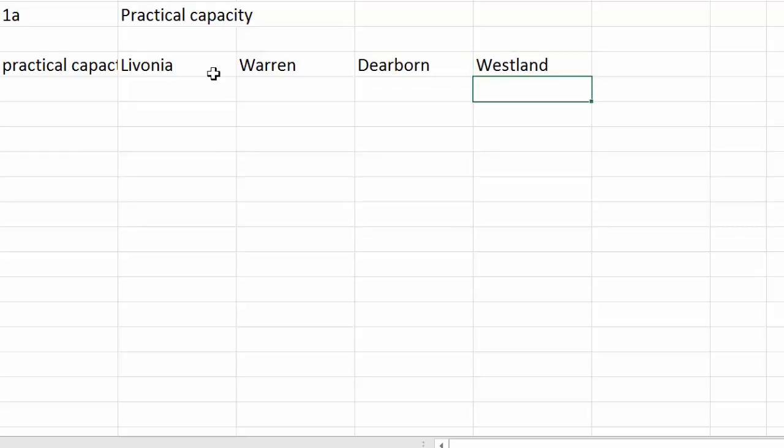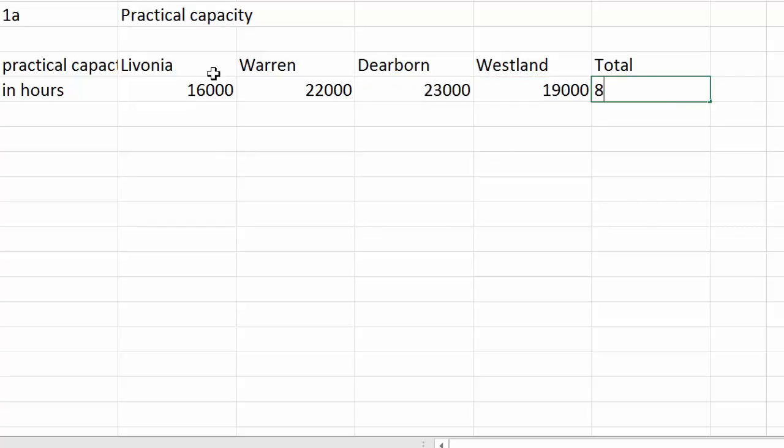So we actually have 4 of them, and if you want to have a total, that's fine too. In hours, we are looking at 16,000, 22,000, 23,000, and 19,000, and a total of 80,000. So we have all the practical capacity in hours given here.